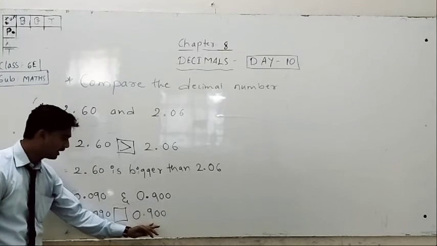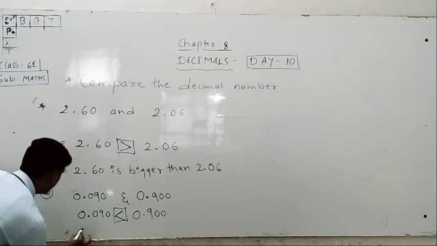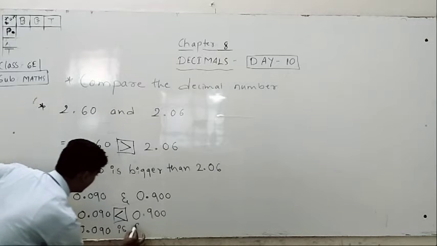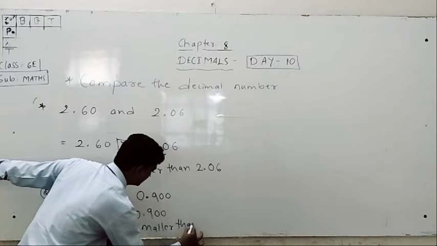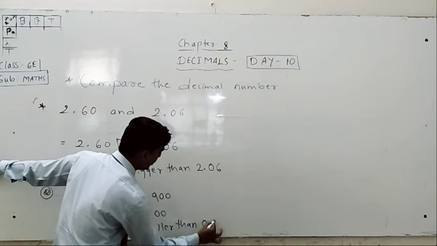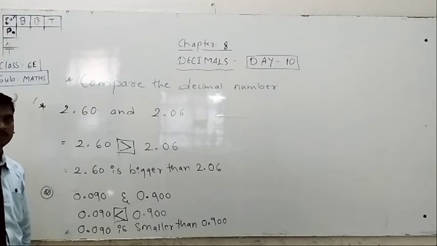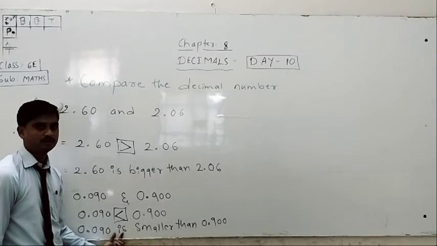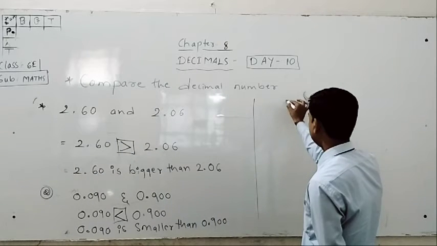Here 0 and here 9, so 9 is bigger. Then 0.09 is smaller than 0.900. Understand? It is very important. This one you should compulsorily write.